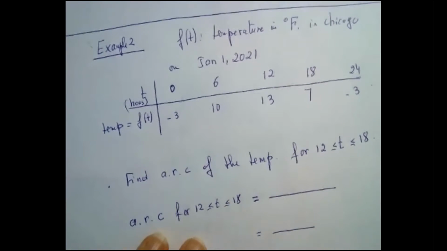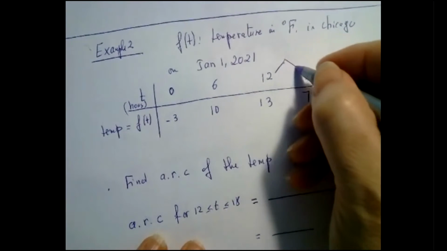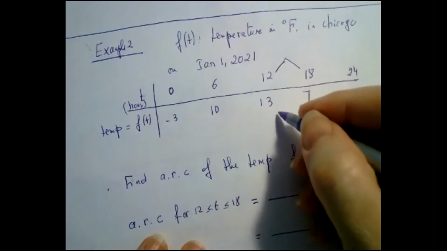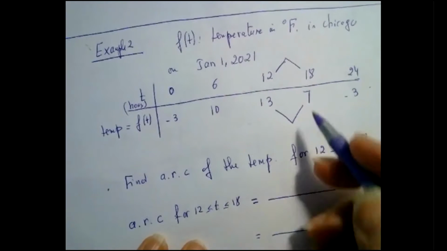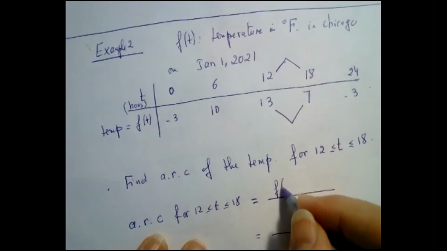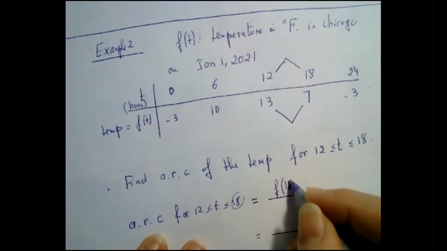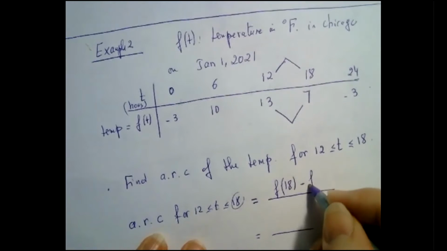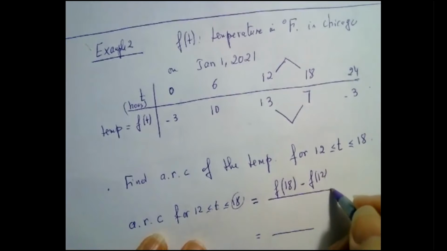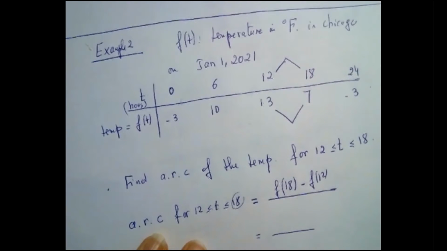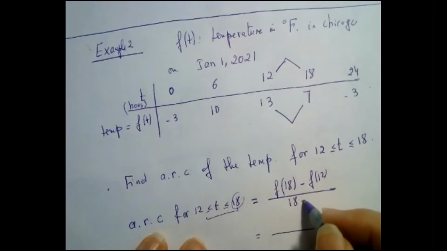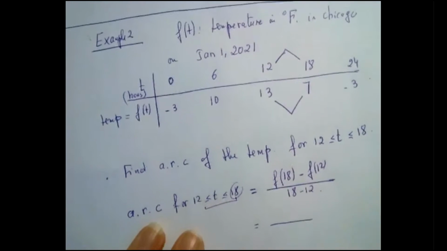Between 18 and 12. So between here and here, what's the average rate? It's the temperature at 18 minus the temperature at 12 noon. That's the change in temperature divided by the time, 18 minus 12.